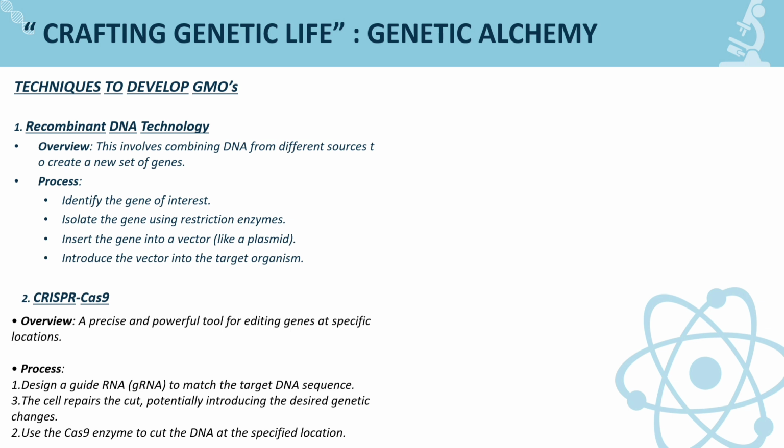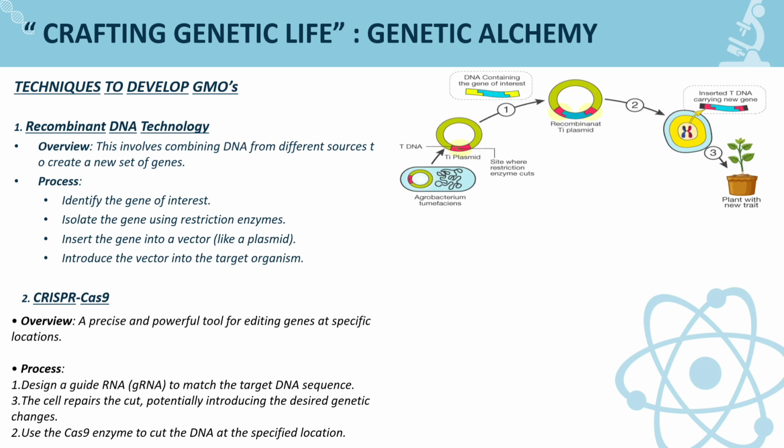The process starts like this: firstly you have to identify your gene of interest, and then you will isolate it by using the restriction endonuclease enzyme. This enzyme will cleave and isolate the gene of interest, and then you have to transfer this gene into the host cell or the organism. Then you will need a vector to transfer it.